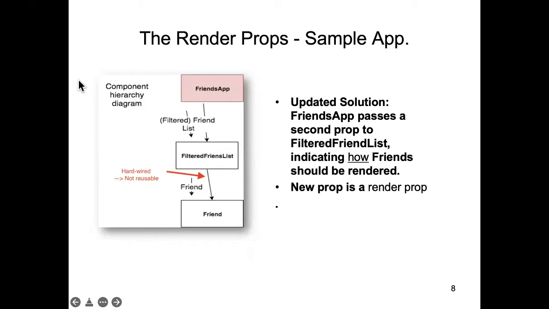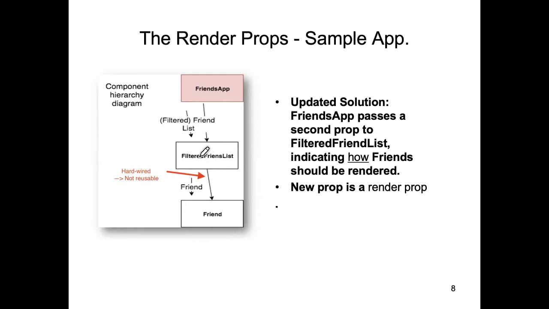If you can remember what I said towards the end of last week's lecture, originally this relationship here was, I described it as being static, meaning that the only way that friend components were rendered was dictated by what import statement this component had. This component would statically import the code that renders a friend. So there was no way of changing the way friends were rendered other than changing the import statement, of course, but that's just changing your code.